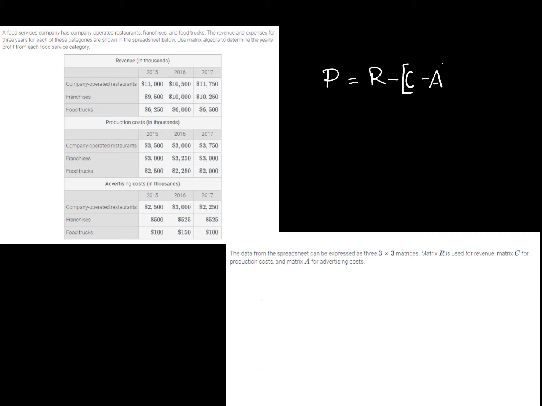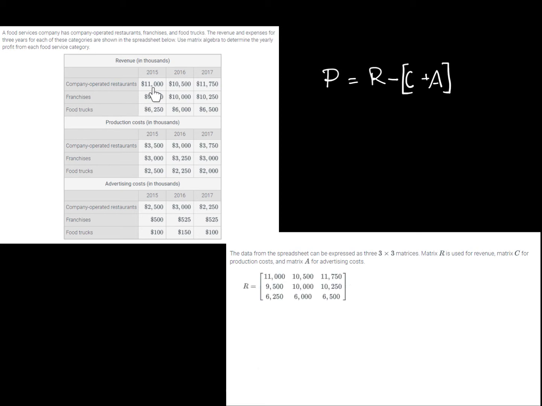This is really all my cost, right? And I'm subtracting all of that C and A from my revenue. My revenue is my total income, and my profit's what's left over once I've taken all of my costs away from my revenue.